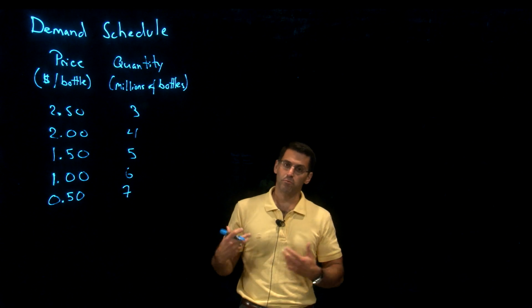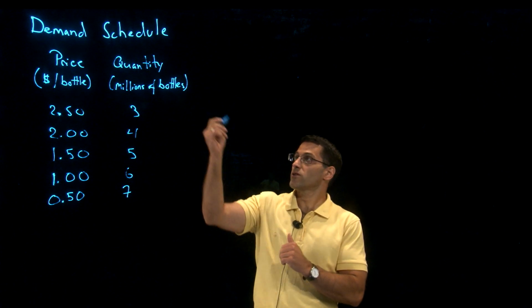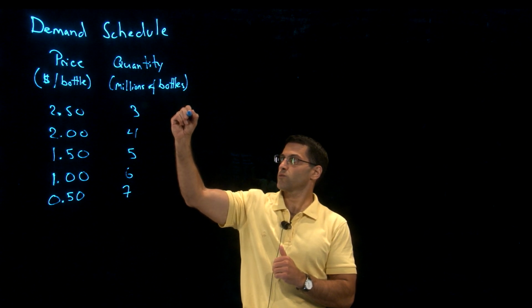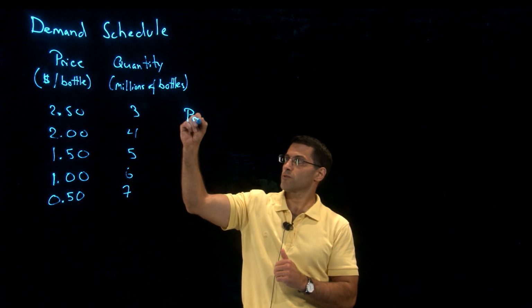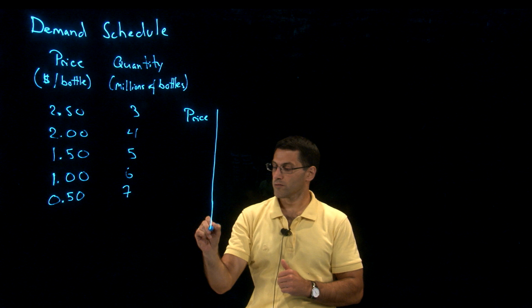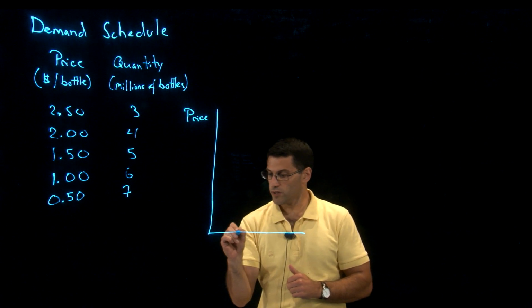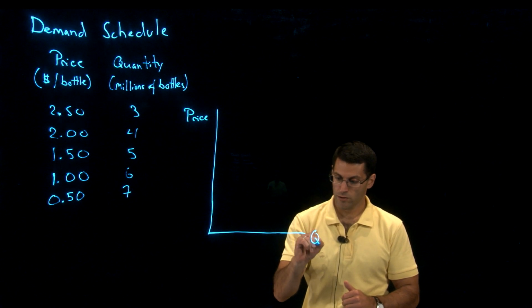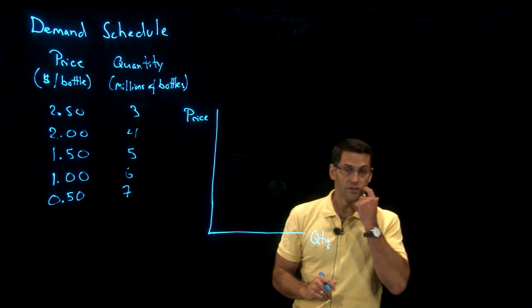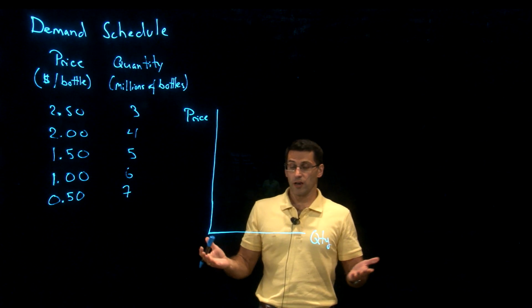And so we can take that demand schedule and put it into a graph. In our demand graph, we put price up on the y-axis and quantity down on the x-axis. And so we can just go ahead and plot this out.